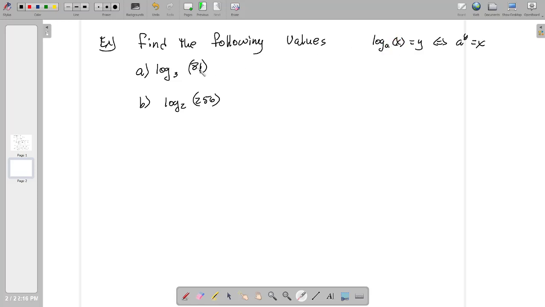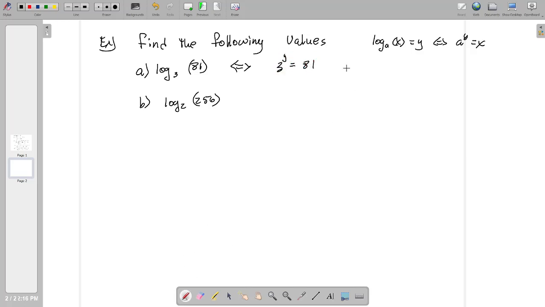Our x is 81. So this is interchangeable with this. 3 to what value? I'm changing it to this form. 3 to what value equals x? And remember, our x is 81. So 3 to what value gives me 81? What exponent do I need to apply to 3 in order to get 81?